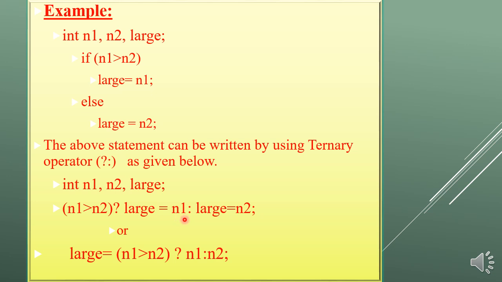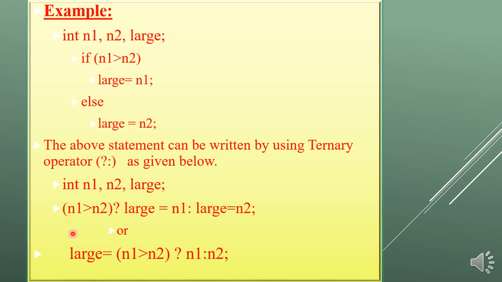Then comes colon. After colon comes expression 2. What is expression 2? Large equals n2. So here comes large equals n2 semicolon. So this is a code by using ternary operator.